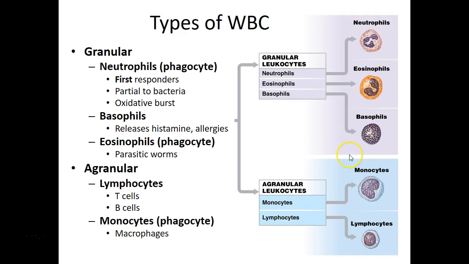So what this cell does is it creates a whole bunch of reactive oxygen species, and in the process it damages a lot of surrounding cells and it kills itself. So neutrophils are really kind of a nuclear option for getting rid of stuff. That mnemonic, never let monkeys eat bananas, kind of goes down in intensity, starting with neutrophils and then ending up a little bit with basophils. Okay?